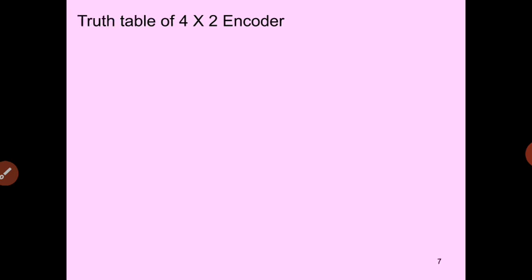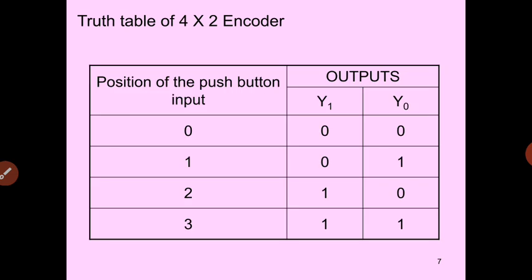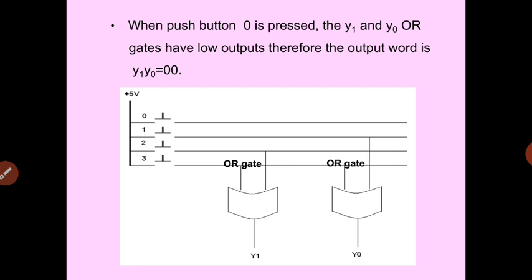This is the truth table of a 4x2 encoder circuit. When push button 0 is pressed, the Y1 and Y0 OR gates have low outputs, therefore the output word Y1 Y0 is equal to 0 0.